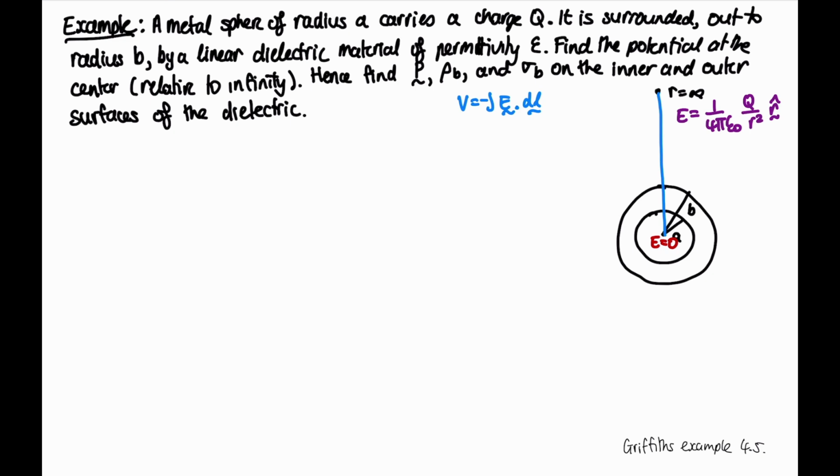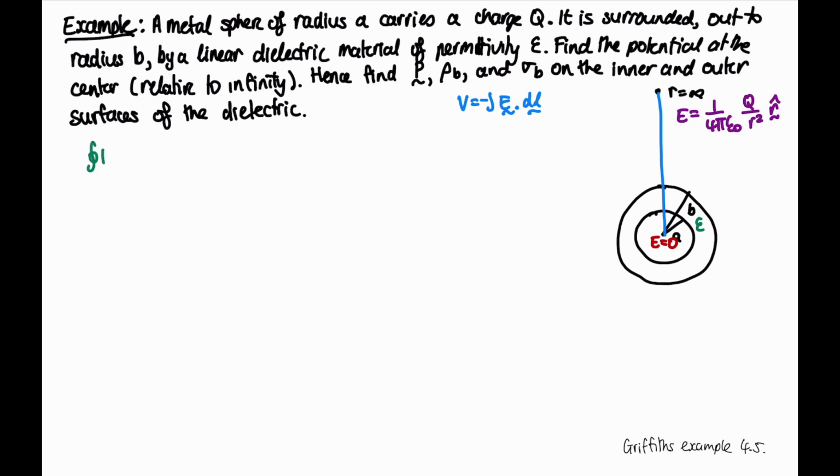And the bit where it's a bit harder to work out the electric field is inside this dielectric with permittivity epsilon. The easiest way to work that out is with Gauss's law, but in this case, we want to use Gauss's law for the displacement.